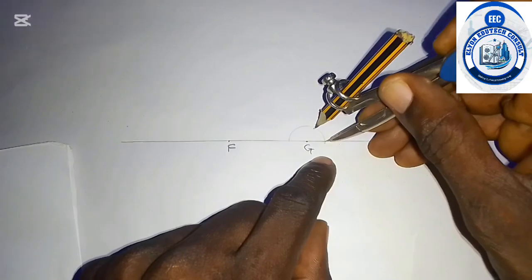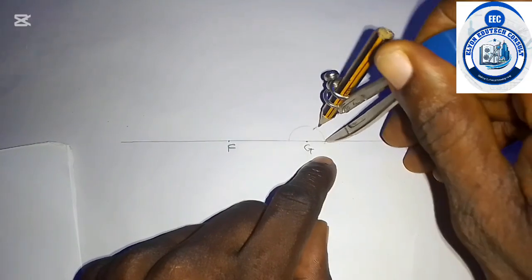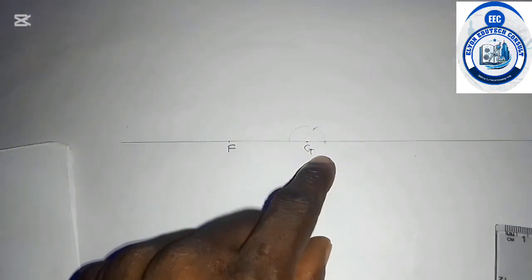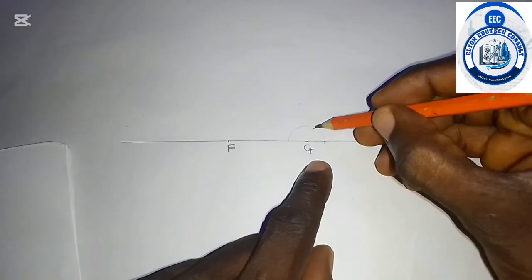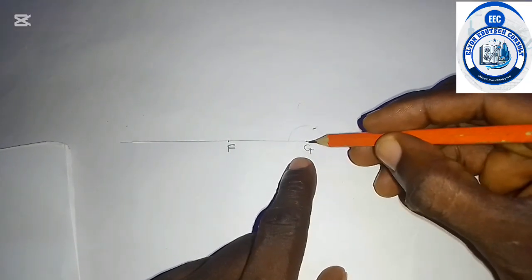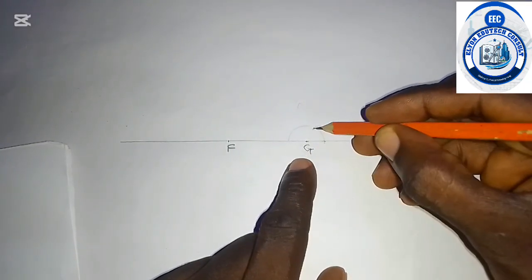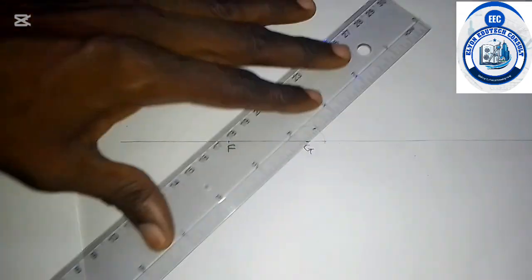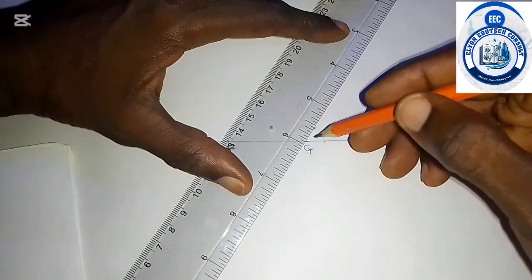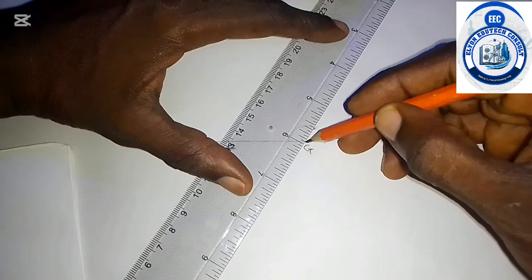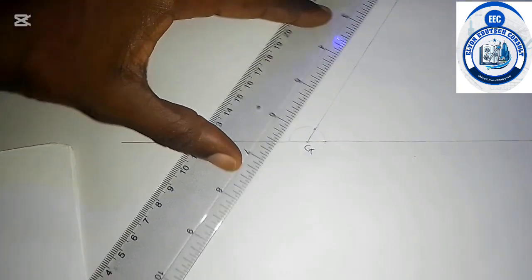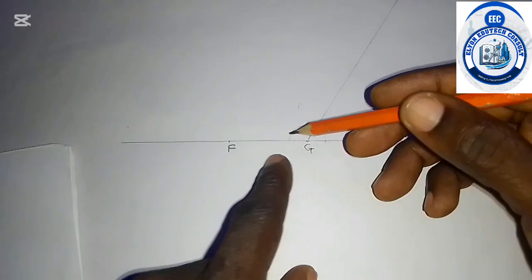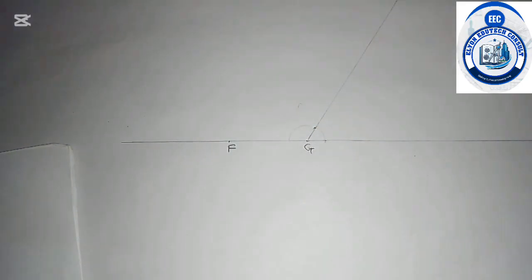So you can see that point now. I will erect a line from this G passing through this point, and I will extend the line out this way, such that if I bring my protractor and put it there, it's going to be 120 degrees.